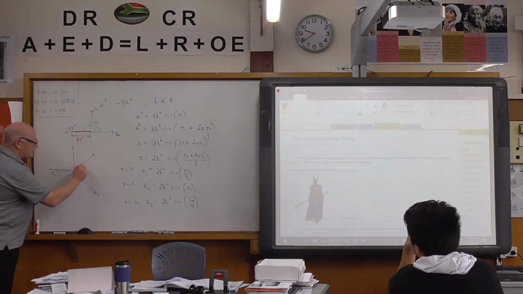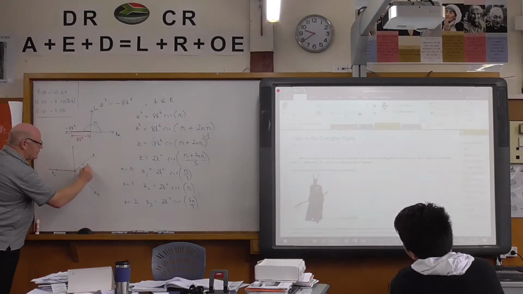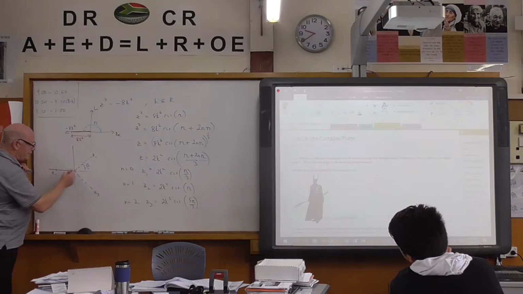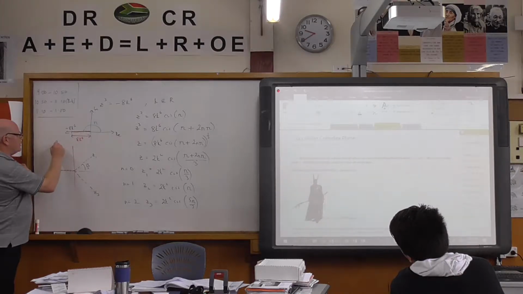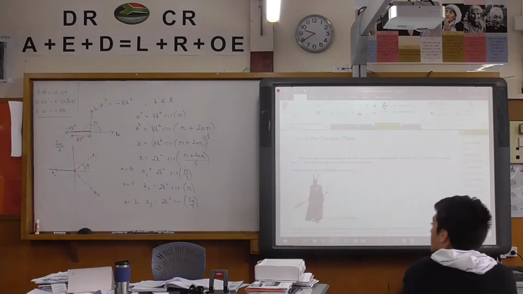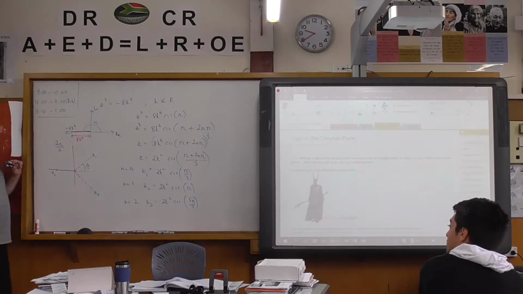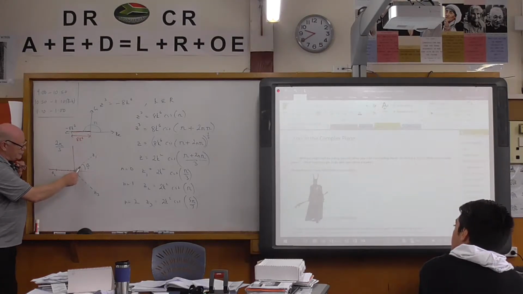This is our first solution, so this is pi over 3 here. Pi all the way around there and 5 pi around there. The angle between the three solutions is the same. So if you said I'm going to have three solutions which are 2 pi over 3 radians between them, that angle there, 2 pi over 3.